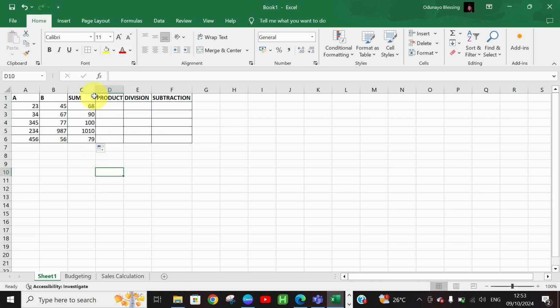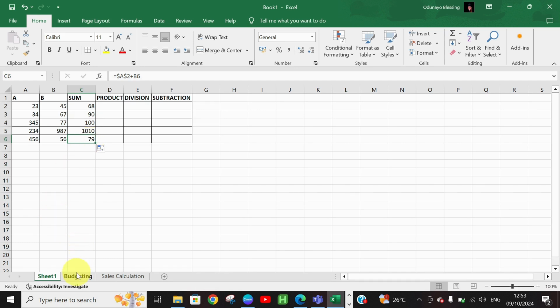So what we're saying here is A2 plus B2, then A2 plus B3, because of the dollar sign. The same thing applies here, here, and to this. So when you want to lock a cell, you use the dollar sign to lock the column and the dollar sign to lock the row, then you have the results that you have here.